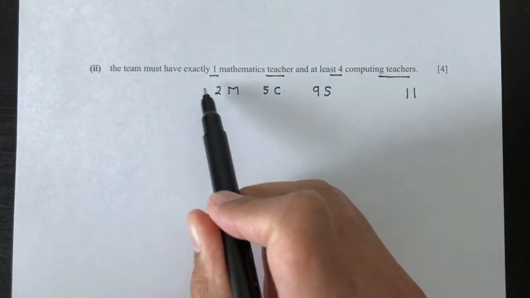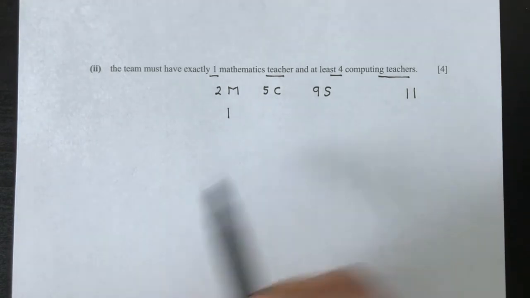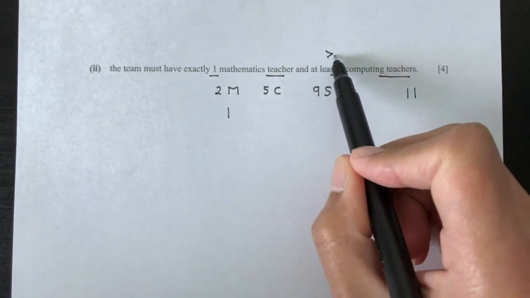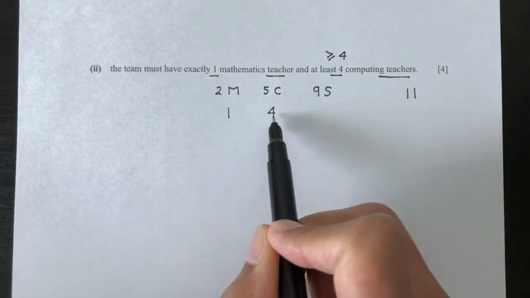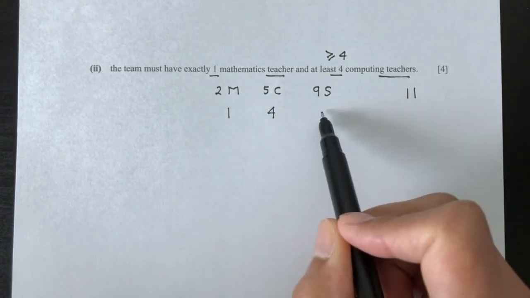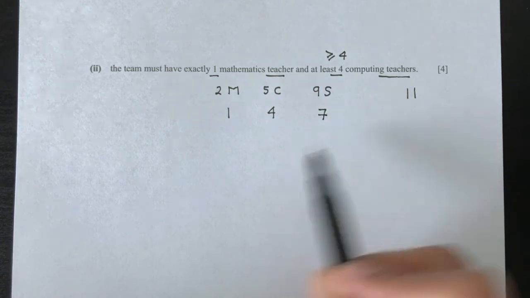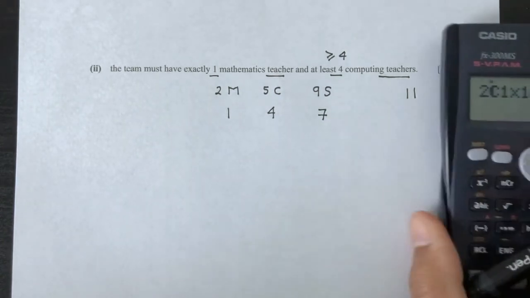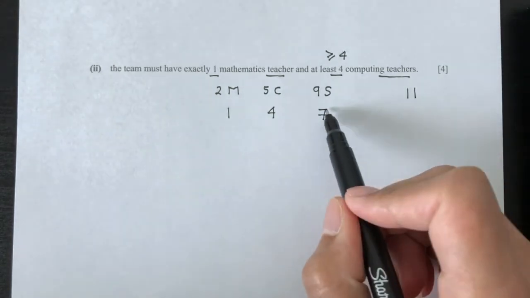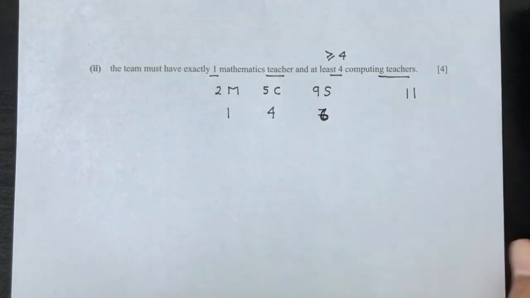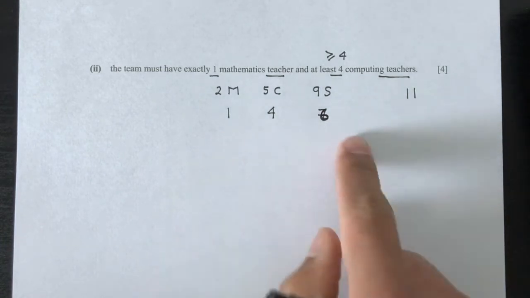At least 4 means more than or equal to 4, so it can be 4. And so 1 plus 4 is 5. So 11 minus 5 should be 6. So we have to choose 6 science if we choose this combination.